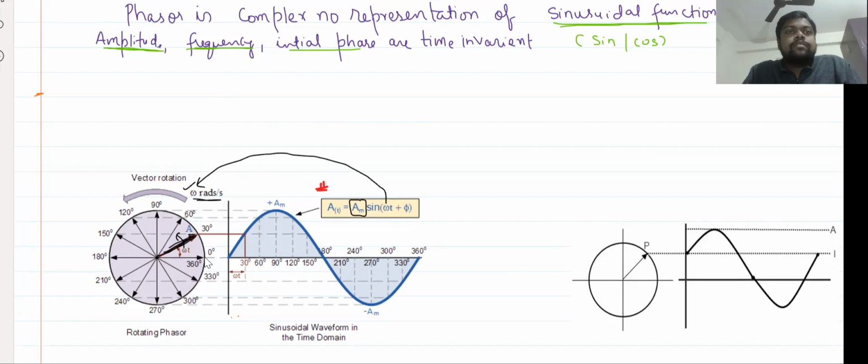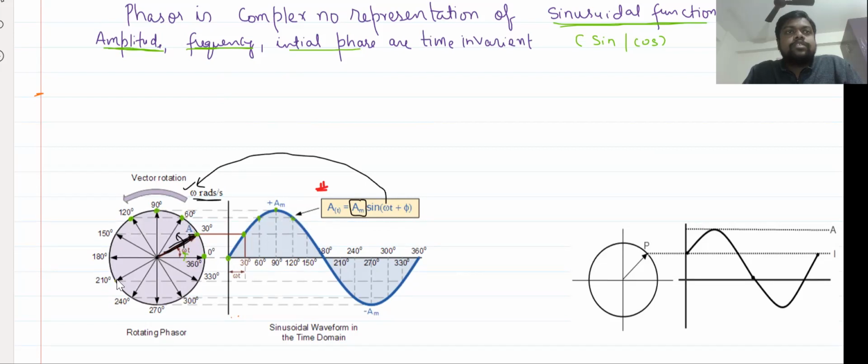So at theta equal to 0-degree, the graph will be somewhere here. Now as this vector is rotating, when it reaches 30-degree, you can mark this point here. Then when it reaches 60-degree, you can mark this point here. When it reaches 90-degree, 120-degree, mark here.